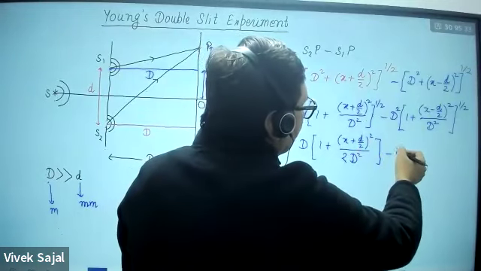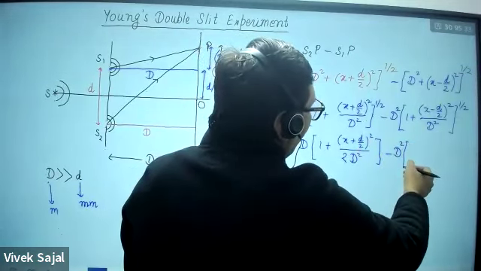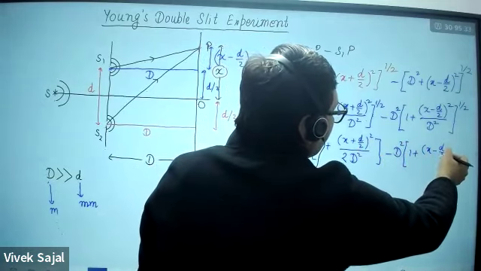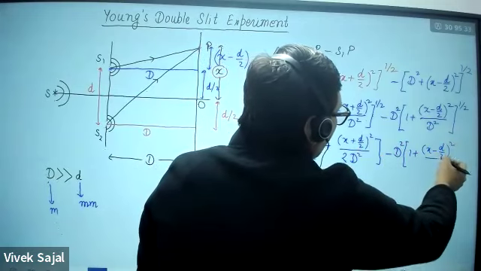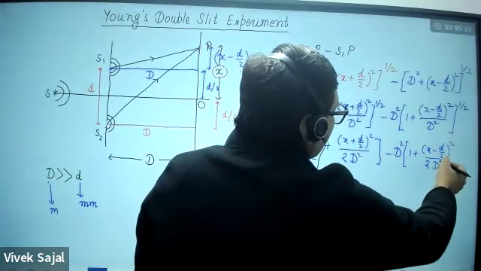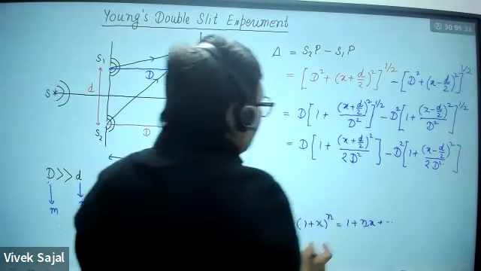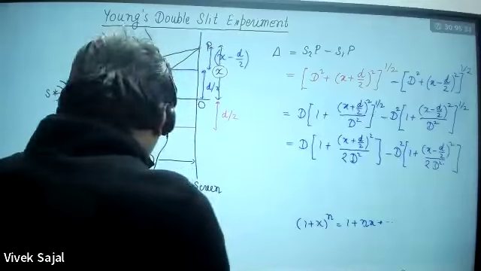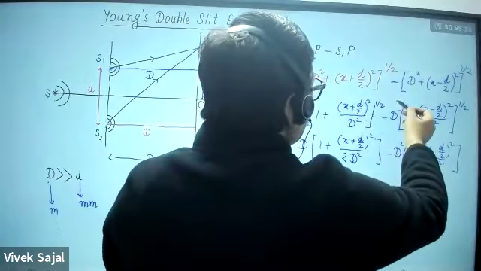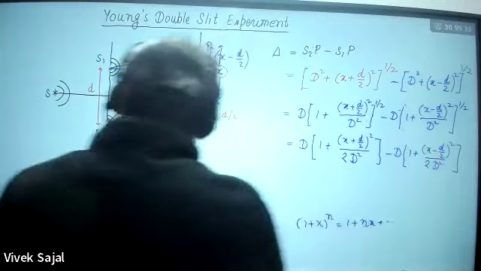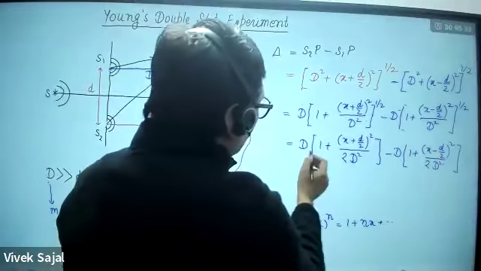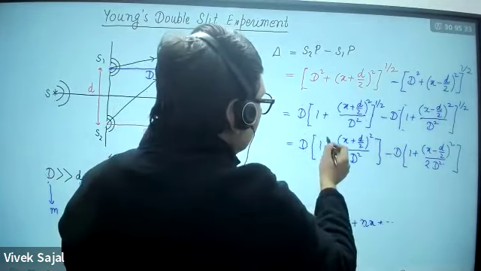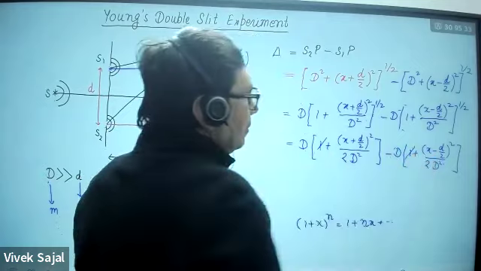So this will be D times (1 plus (x plus d by 2) whole square upon 2 D square), minus D times (1 plus (x minus d by 2) whole square upon 2 D square). If you multiply, this D into 1 and minus D into 1 will cancel out.